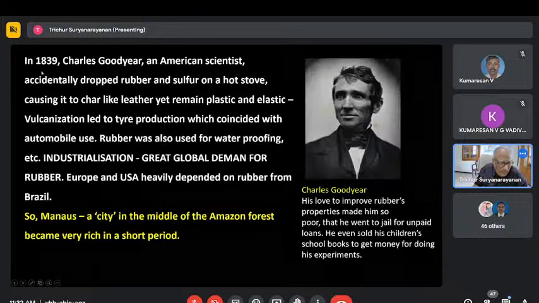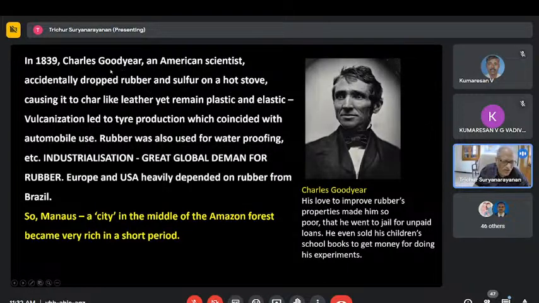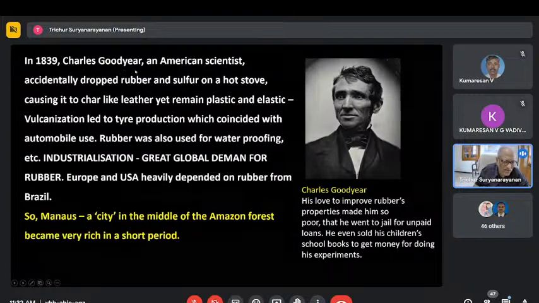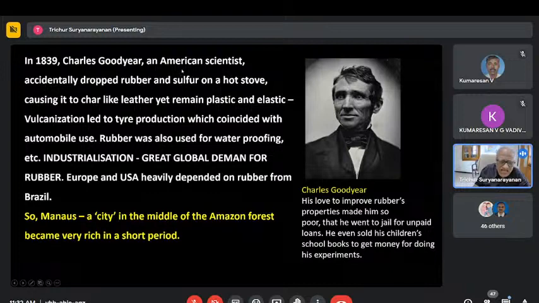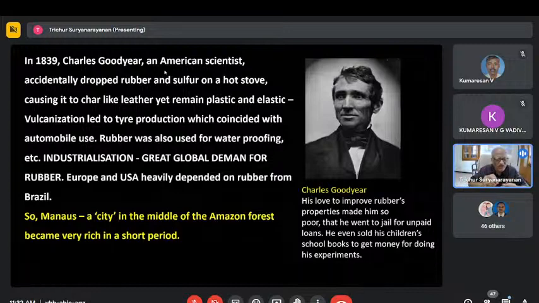During that time, in 1839, an American scientist by name Charles Goodyear, the Goodyear tire company and all those things are named after him, was working earnestly for several years to find out if rubber can be made better.